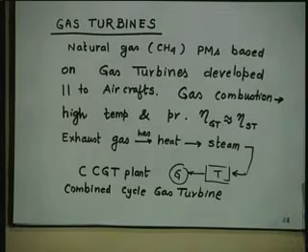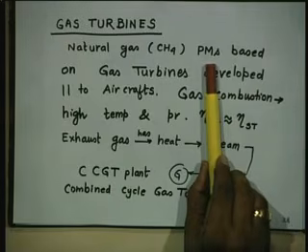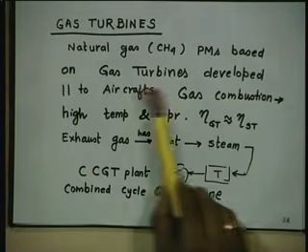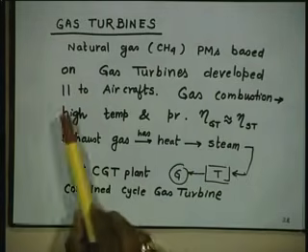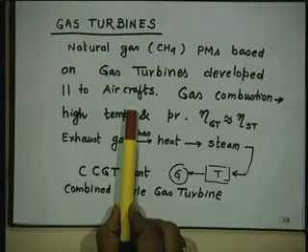Gas turbines. Natural gas, methane, CH4 formula must be familiar to you, since all of you must have studied chemistry. You cannot come to engineering without studying physics, chemistry, maths. The prime movers based, PMs means not Prime Minister, prime movers based on gas turbines developed parallel to aircrafts.